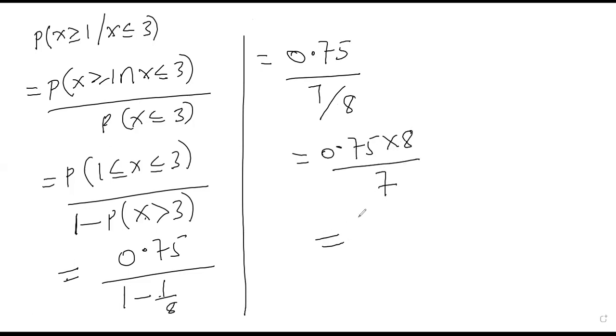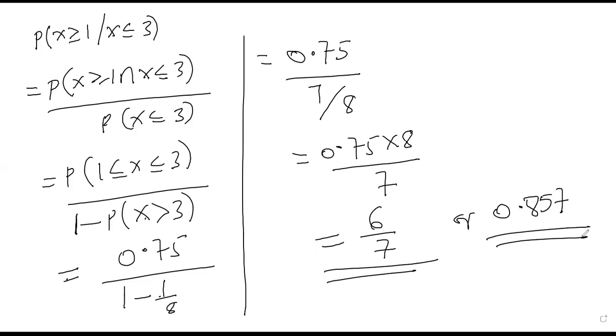This one gives 6/7. You can stop it there, or give it as 0.857. So that one works. So that is how we find the probabilities.